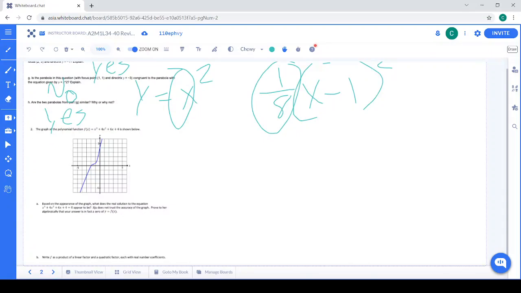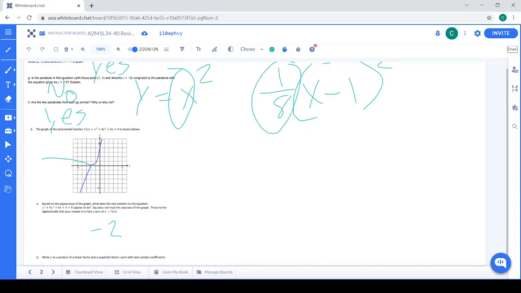Well, the one real solution is going to be this x-intercept here, which is, well, not that one, because that's not an x-intercept. Let me try and do that better. That, which is a -2. That's what it appears to be.